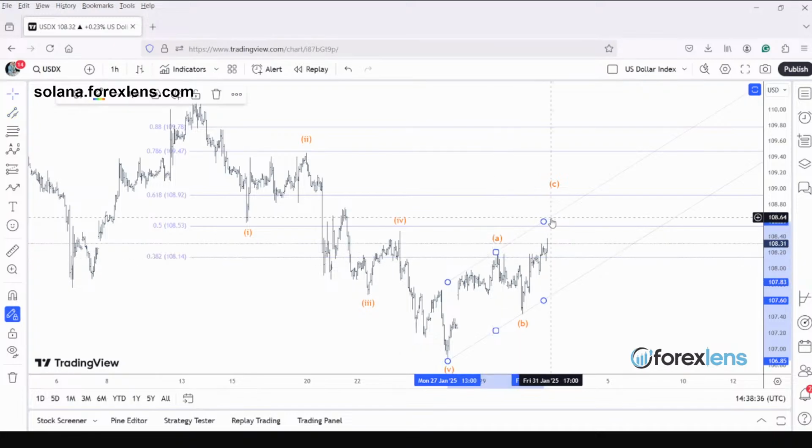If you look at the channel closely, the resistance and convergence of the channel resistance is coming. If you look at the date, it is today, Friday, 31st of Jan. Right, today itself, it has got the potential to reach there. And if not today, the next convergence around the 61.8% is coming on the 4th of February. That is Tuesday.